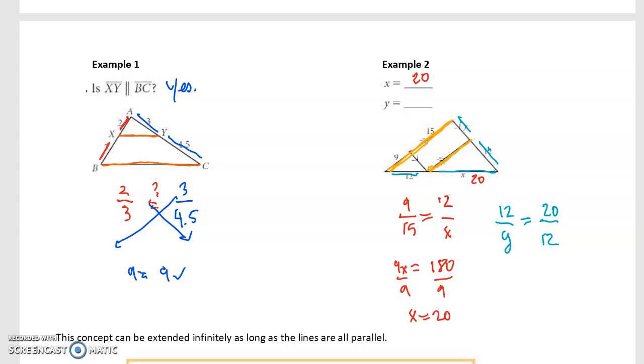So we did have to solve for x first. If you were to solve for y first, you would notice that you would have a second variable in your problem, which then you would realize you have to solve for x first. So that means 20y is 144, and y is 7.2.